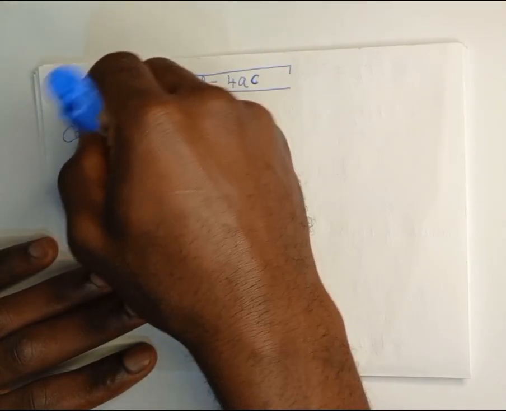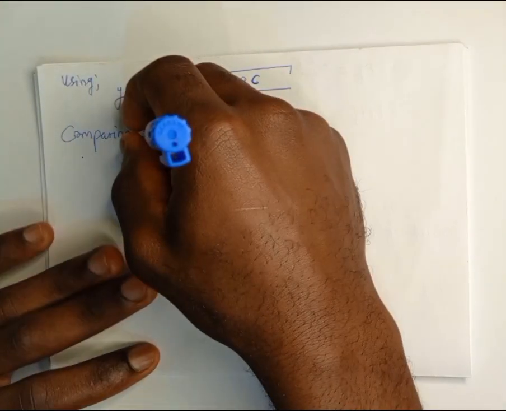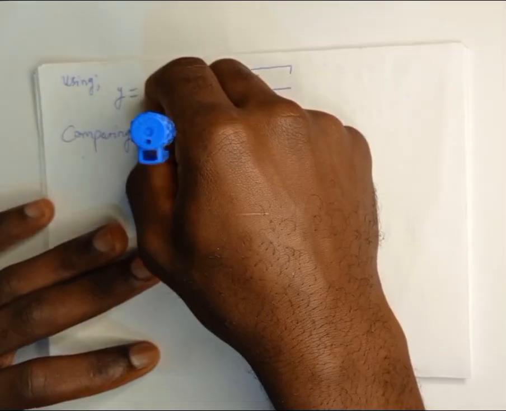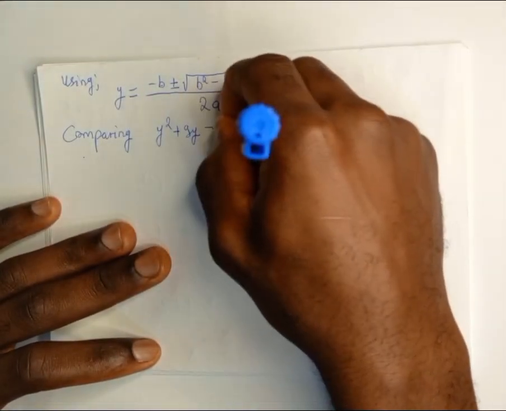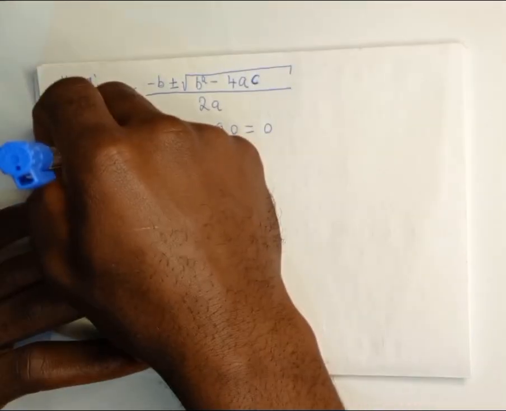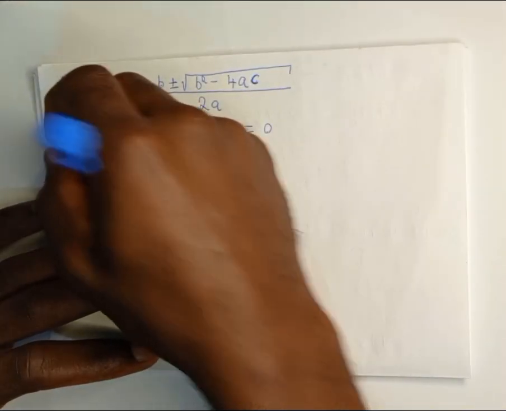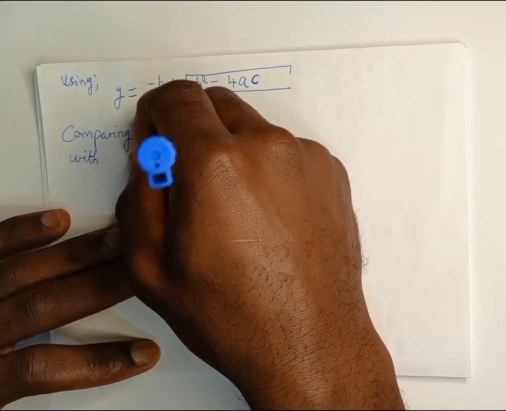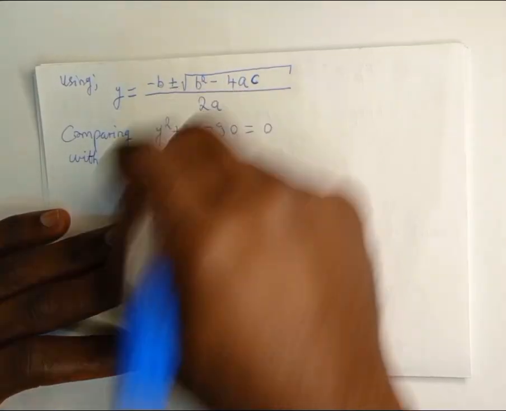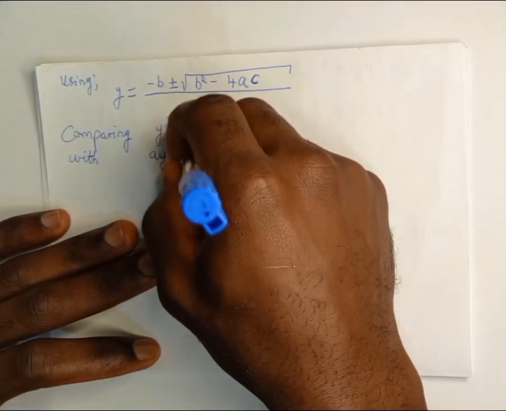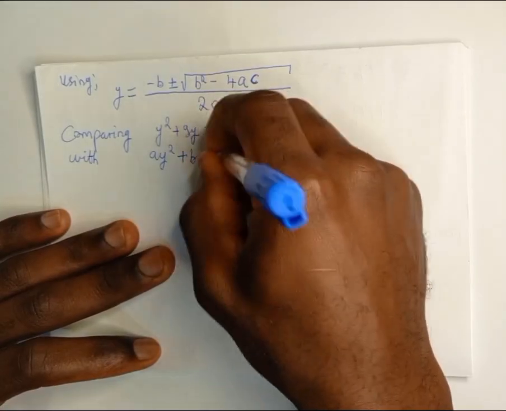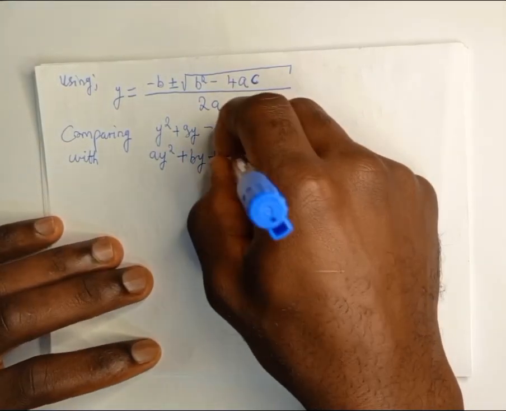Next, we have to get the values of a, b, and c. Comparing y squared plus 9y minus 90 equal to 0 with the general form of a quadratic equation, in this case the variable is y, ay squared plus by plus c equal to 0.